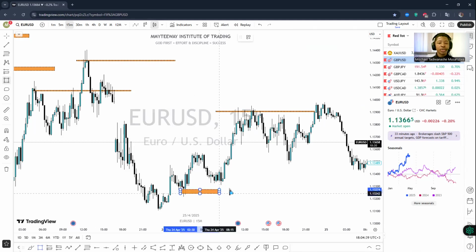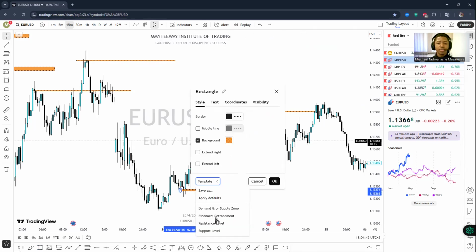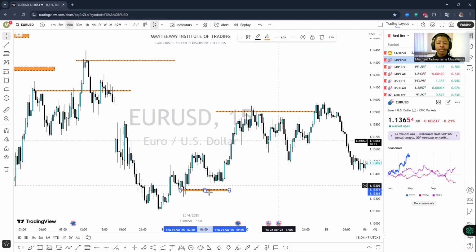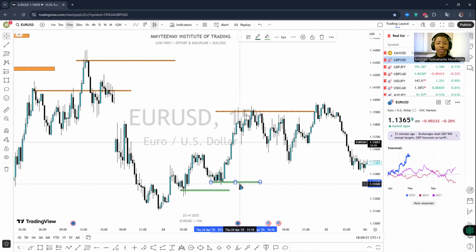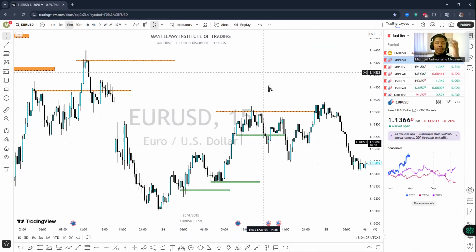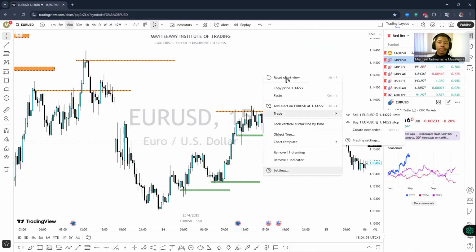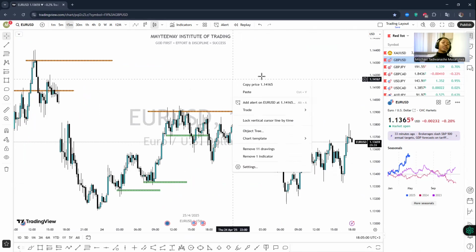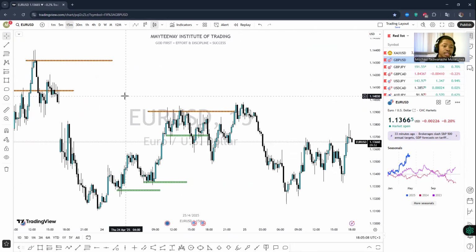You just start drawing your support levels now, going like that. So this is just how I anticipate my trade and start moving.